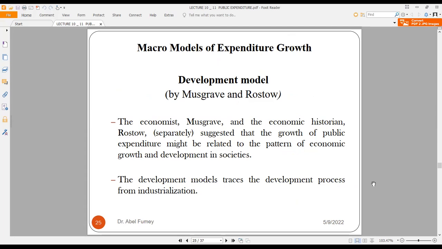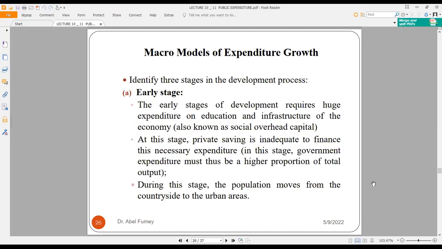As the economy is going through the different developmental phases, there are changes in the expenditure as well.